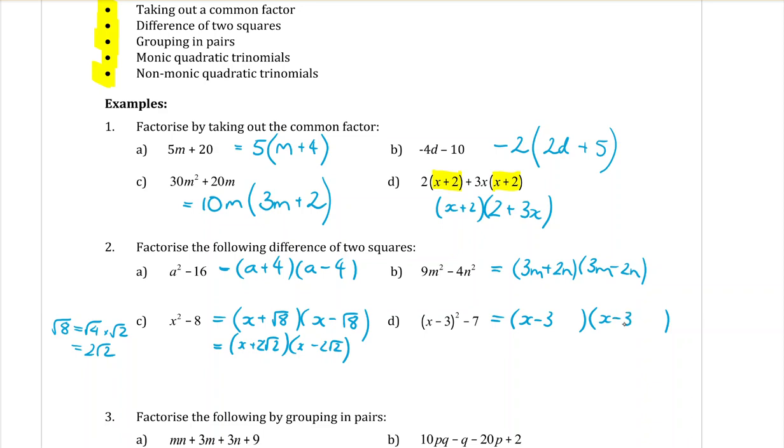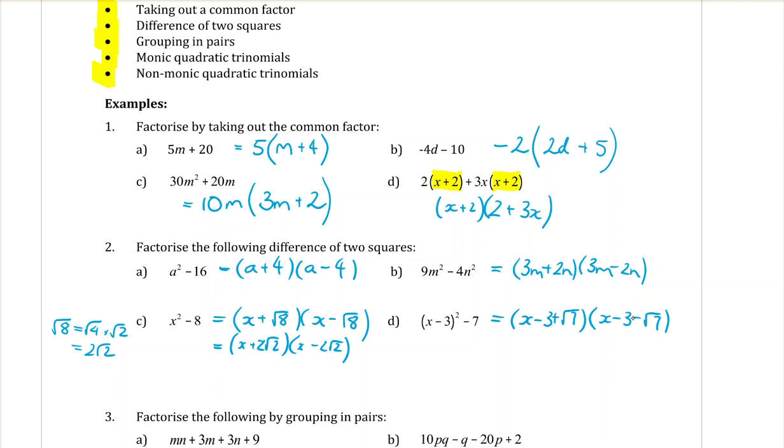Then I'm going to square root the 7, which is not very nice. I have to leave it in surd form. Square root of 7 and square root of 7. Then in between, I'm going to put a plus in one and a minus in the other.